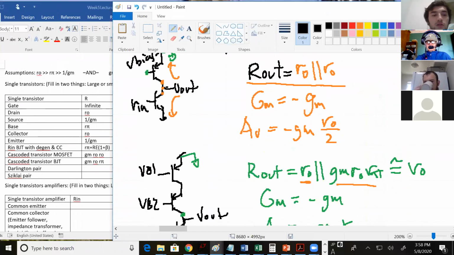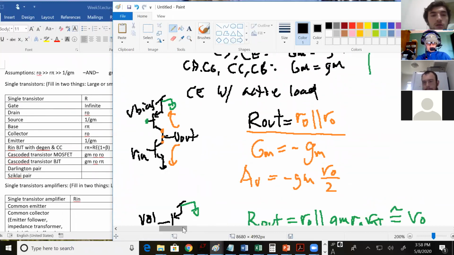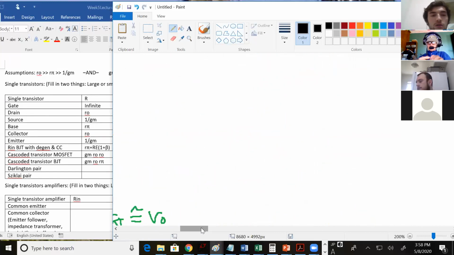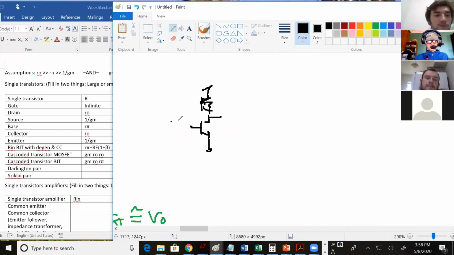Okay, so let's take that off to the side here. So if you have the active load, or passive load, sorry for the lousy picture here. You've got your V in and your V out.